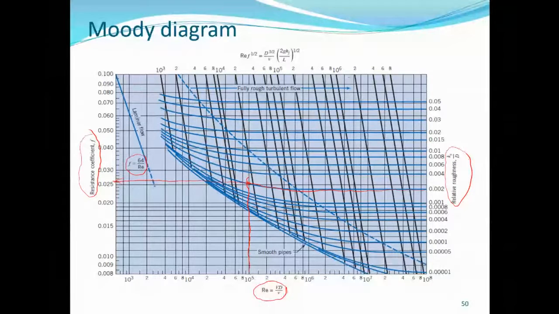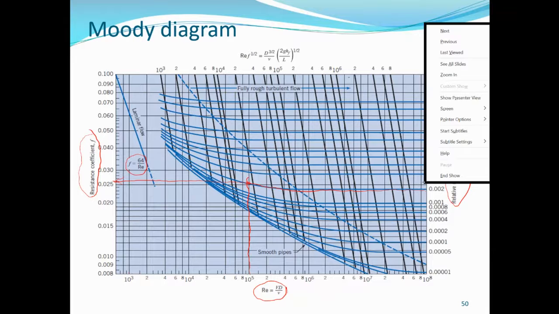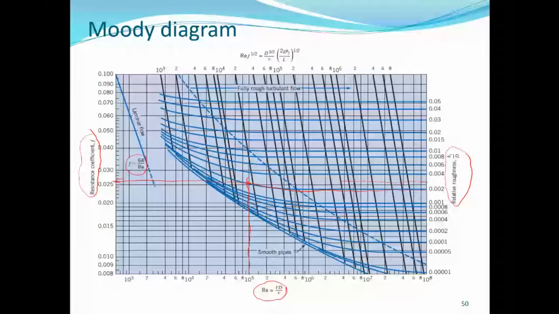You see, the relative roughness values are curves. What about if the relative roughness is 0.03? Here you are using an imaginary curve in between 0.002 and 0.004, which is going to be somewhere in between. So you sketch it in between, and then if you have a Reynolds number of, let's say, 10 to the power of 4, you take it up.